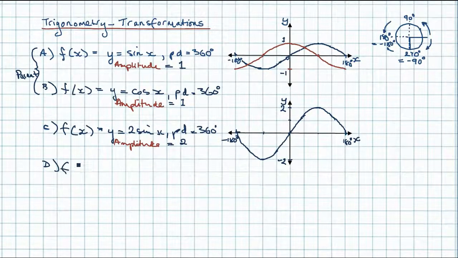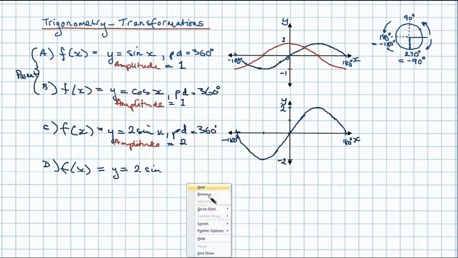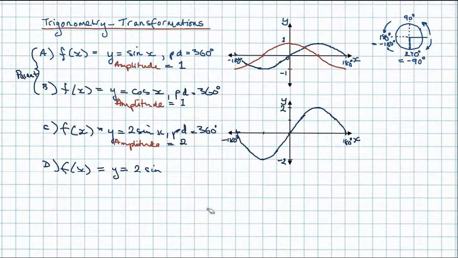Okay, so now what we're going to do is distort or transform our function even more. Let's have 2 sine of, in fact, let's make it a little different. Let's change it to 12. Then you'll really see a stretch on that y-axis.